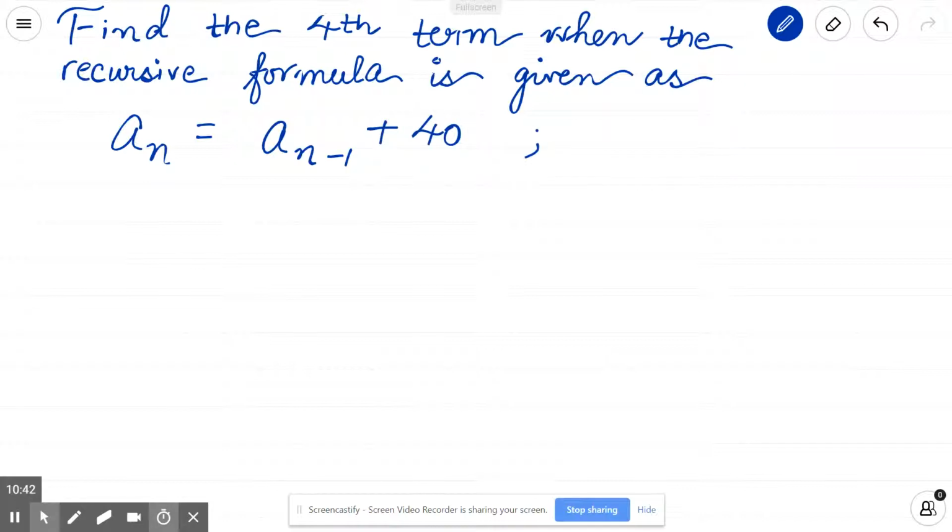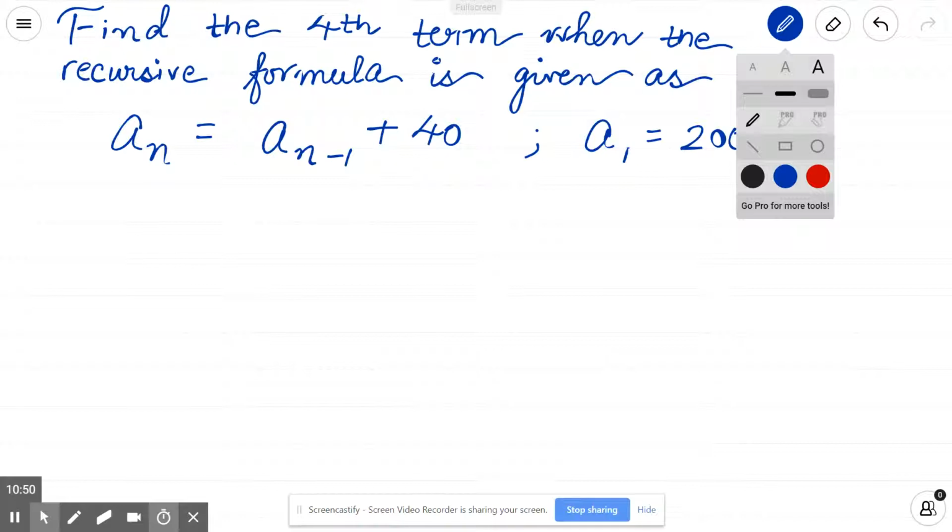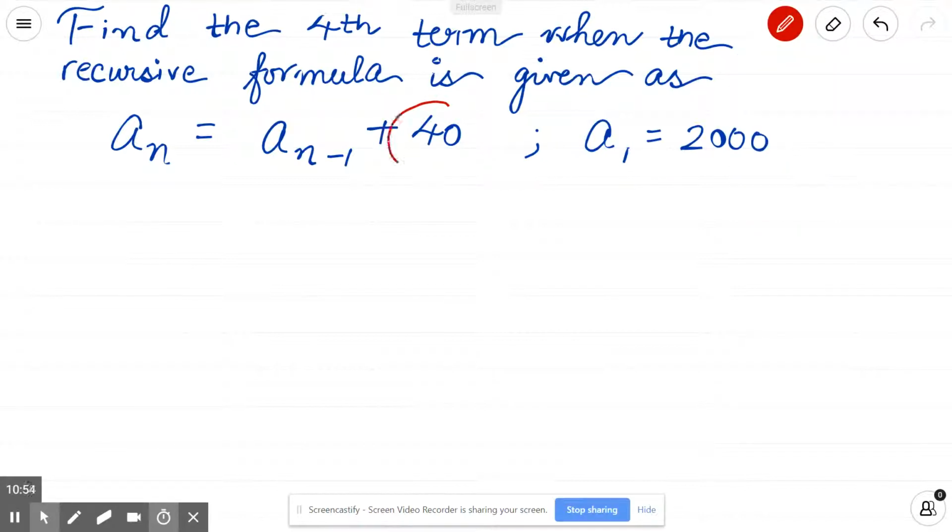And whenever they give you a recursive formula, they'll always give you the first term as well. And the first term is 2000. So it's pretty easy over here if you can take a look at this. Basically, what we can see is that I add 40 to my previous term to get my next term.